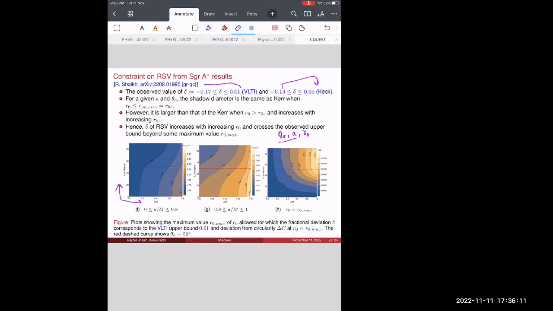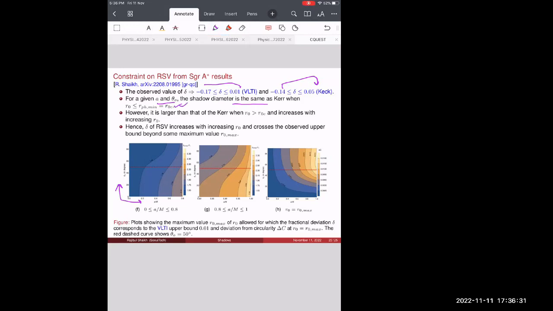Now we have observed that for a given spin and theta naught, the shadow diameter of the RSV metric is the same as the Kerr curve when R naught is less than this critical value.